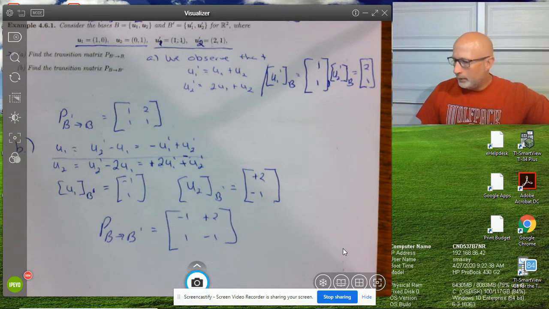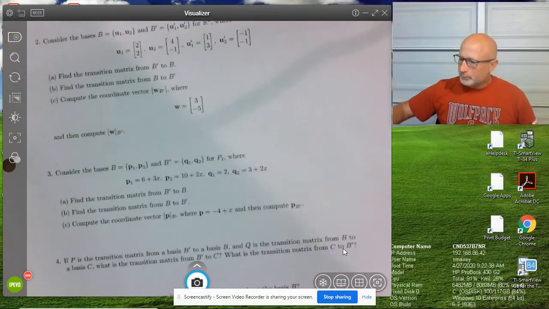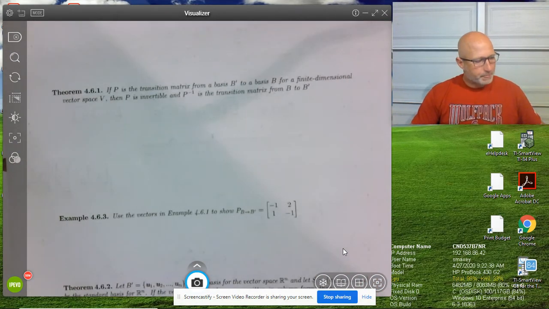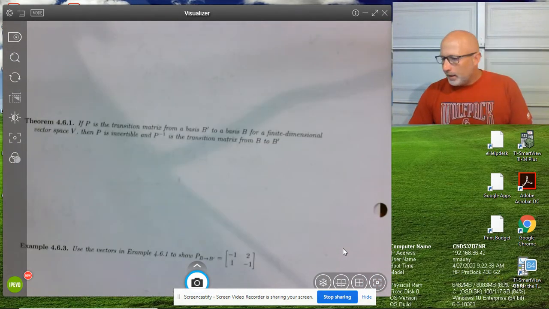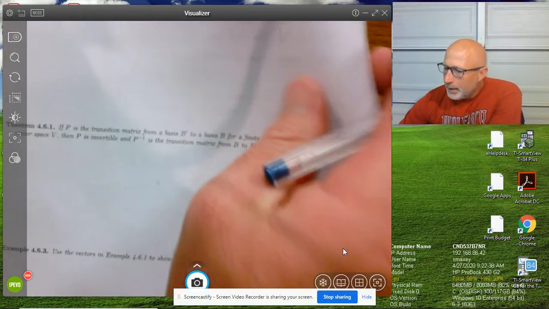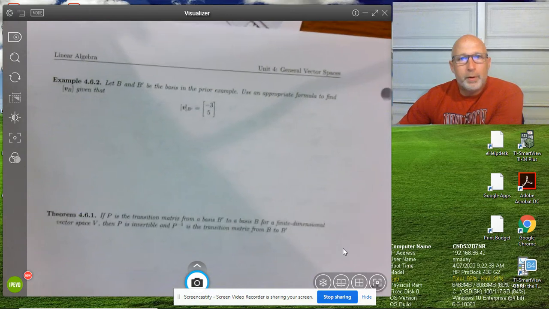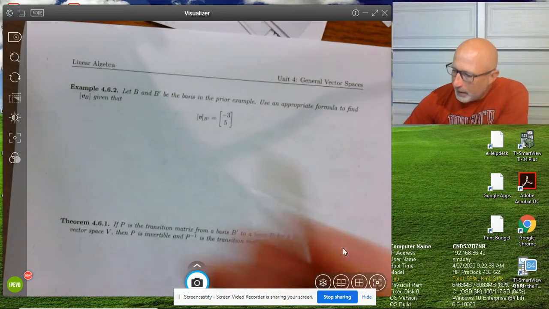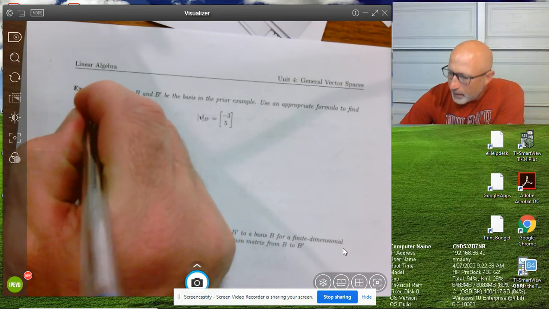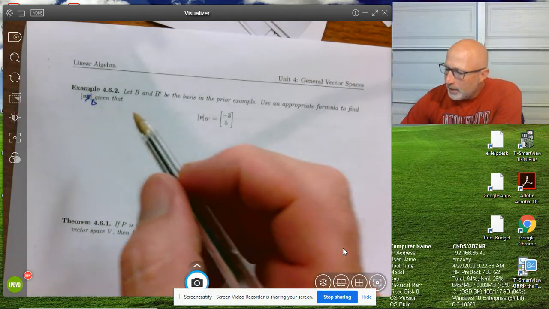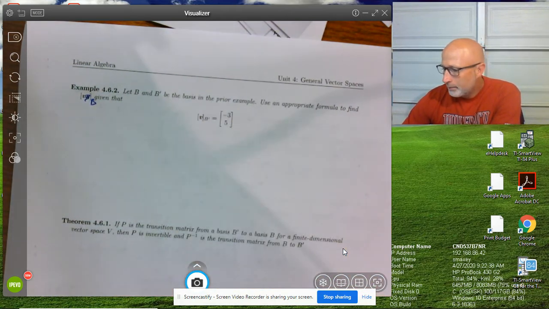So on to the next page, which I do believe is the last page. Anyway, let B and B prime be the bases in the prior example. Use an appropriate formula to find V under B, so this B should be on the outside there, not on the inside, given that you have this.